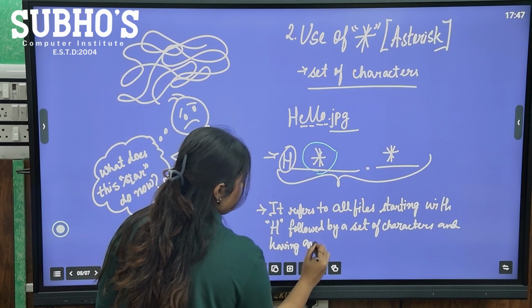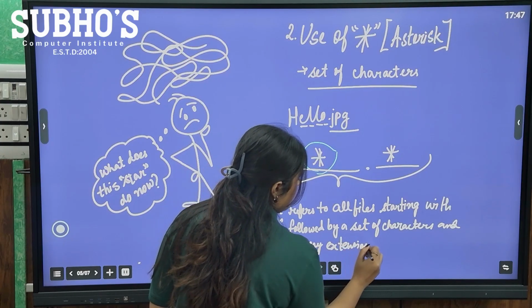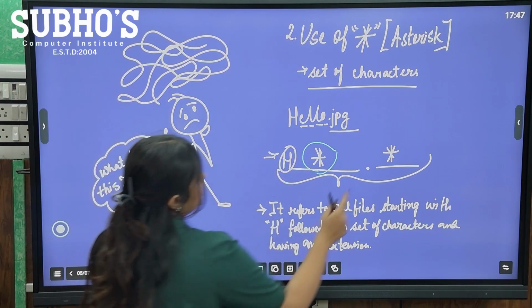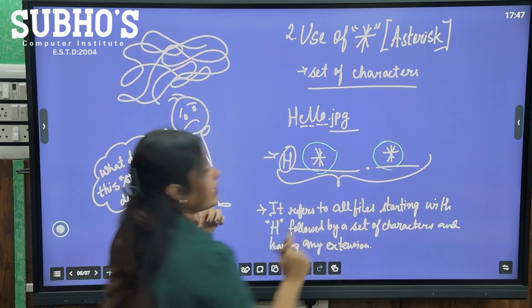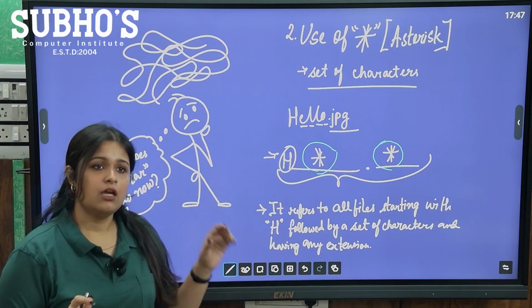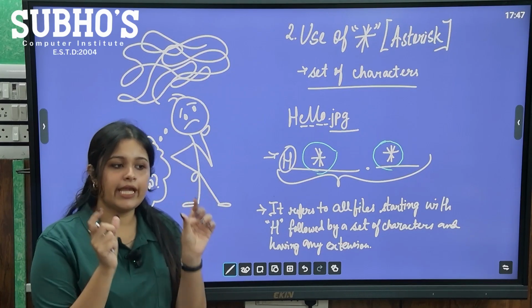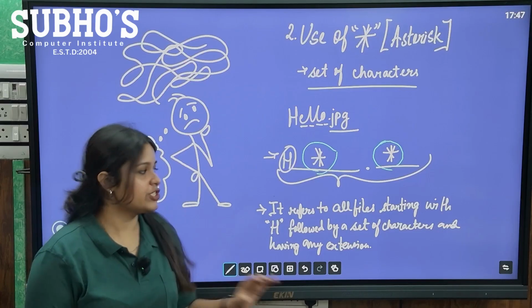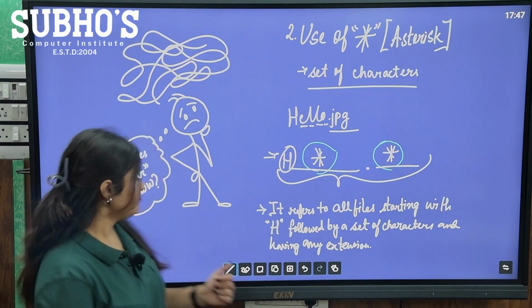Since in the extension's place I have used an asterisk, and we again know that it refers to a set of characters, the computer understands that it has to show me files of every extension which starts with H and has a set of characters right after it.